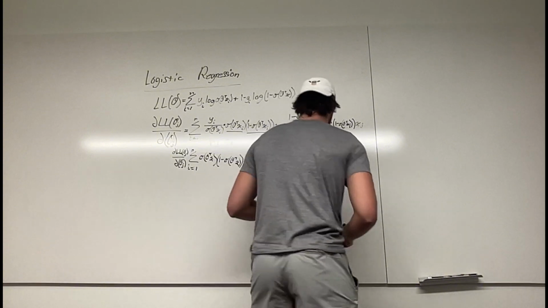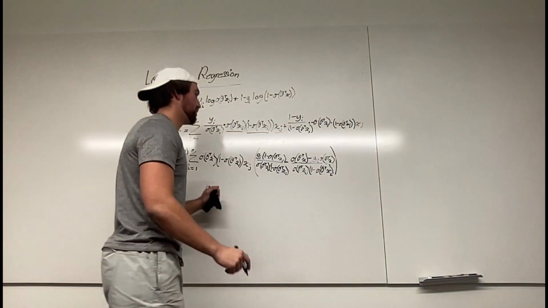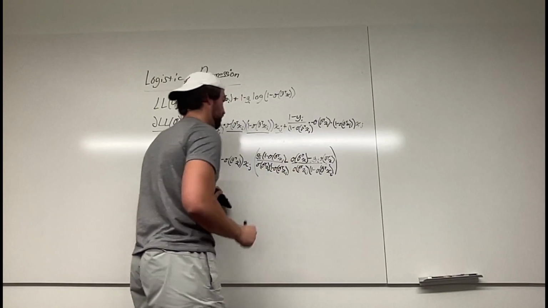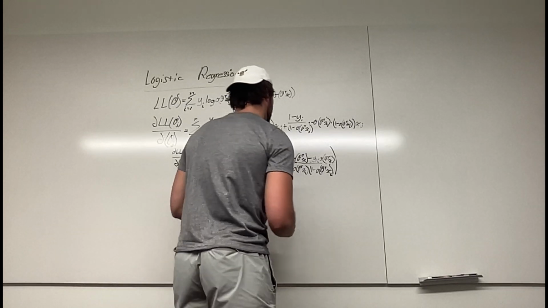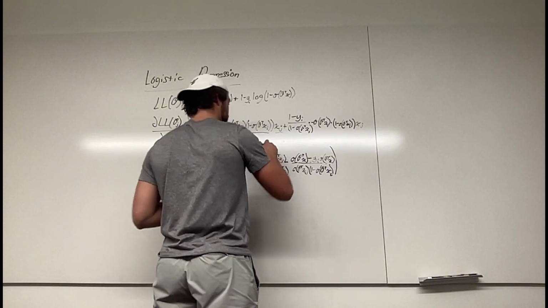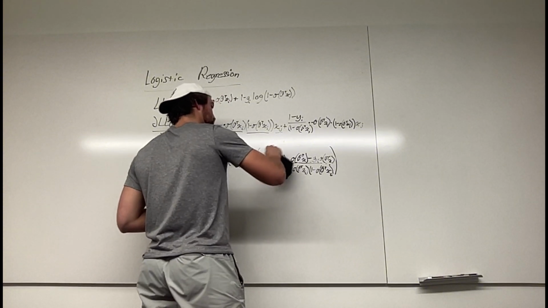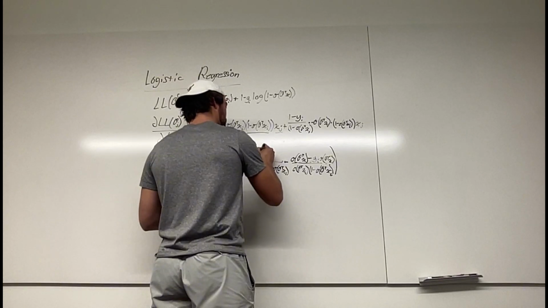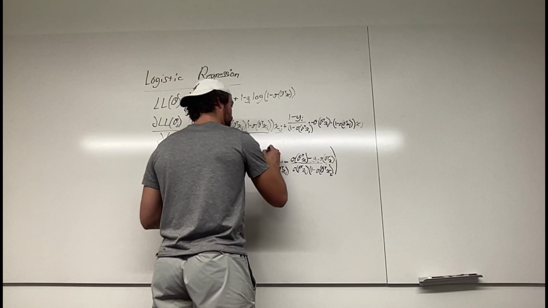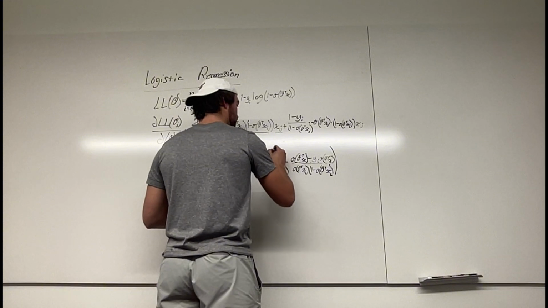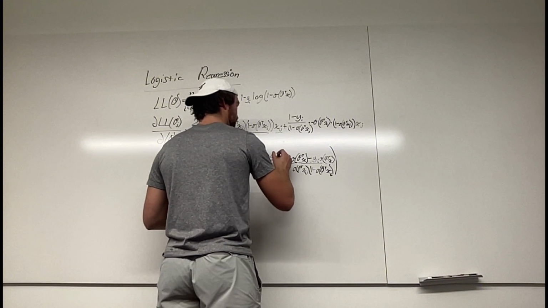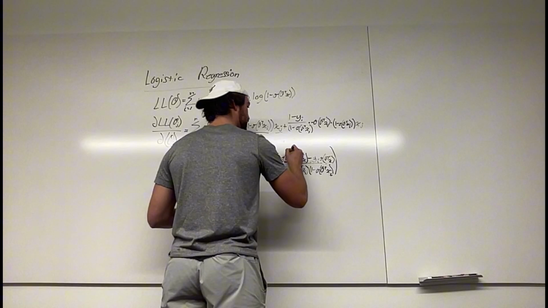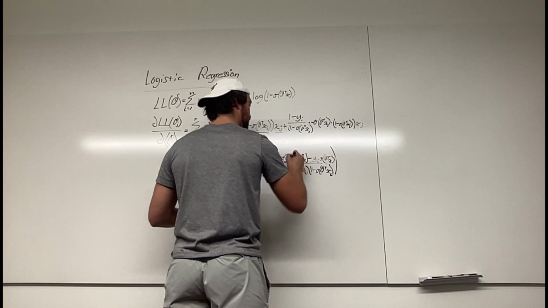All right, let's move on. So we see that value for that numerator. Then we distribute the yi over here. We can see yi minus yi times 1 minus sigma of theta transpose x.